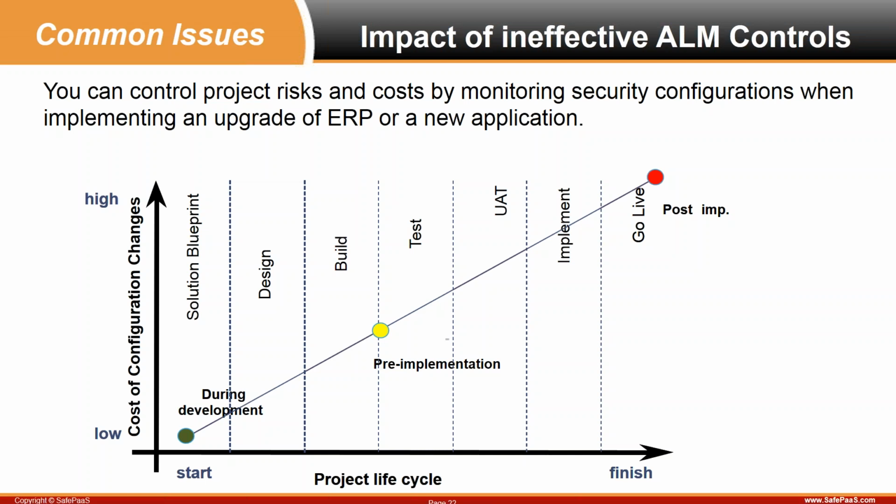Those are some good compelling events that cause you to pick up a solution like this, and that's where you see the most ROI. So what you're seeing in the green dot is that at the beginning of the project, you'll be able to get the maximum value.